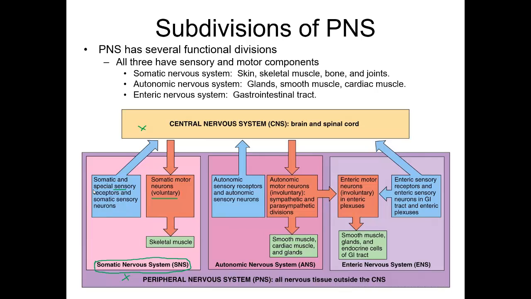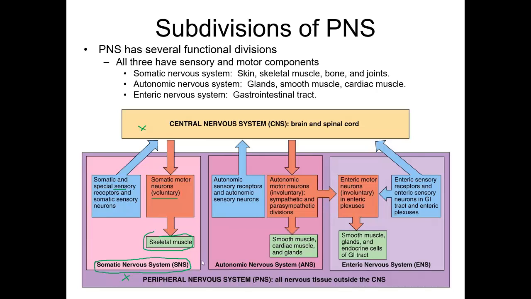Under the somatic motor division, you have motor neurons that are located in the skeletal muscle. So skeletal muscles are your voluntary muscles. So the somatic nervous system deals with neurons that are located in your voluntary organs.